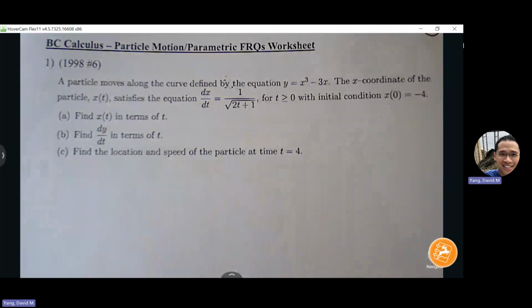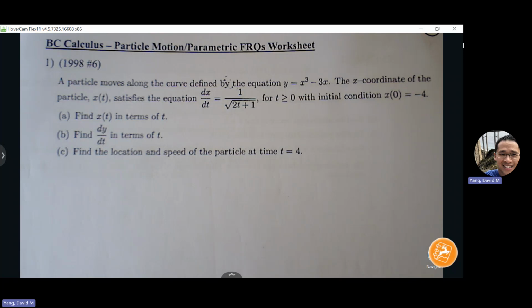The nice thing I think about particle motion parametric FRQs is that even if you didn't have any BC knowledge and you're just going in cold to this problem with just AB knowledge, you can probably figure a lot of this stuff out. A lot of this just makes sense from an AB perspective. Students who were guessing their way through with only AB knowledge can probably solve a lot of these problems, which is good.